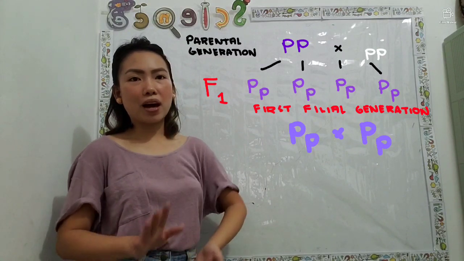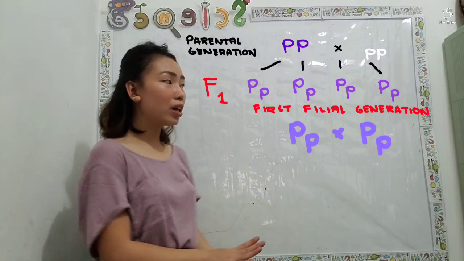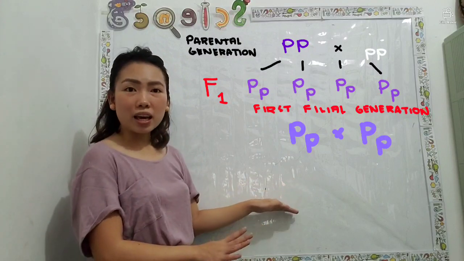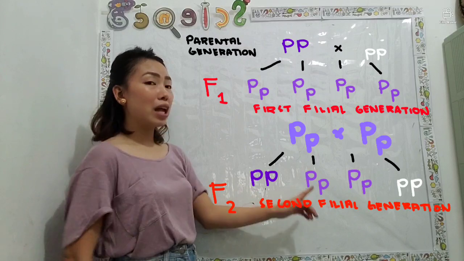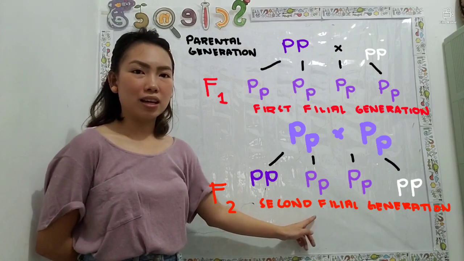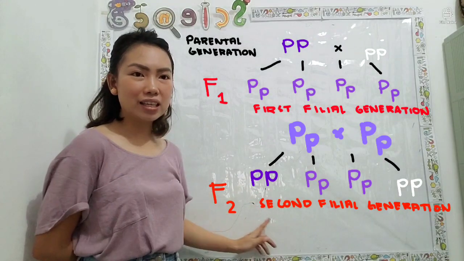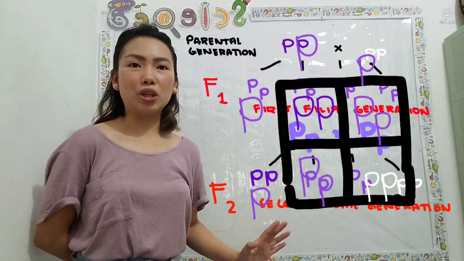Kinrossbreed natin sa isa pang capital P and small letter p. Then, we produced a capital P and another capital P. Dalawang capital and small at isang parehas na small letter p.